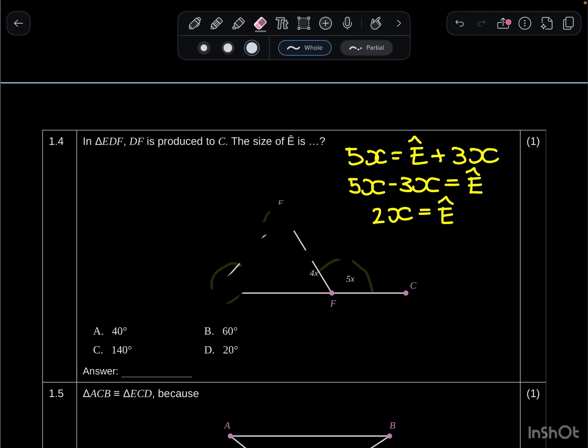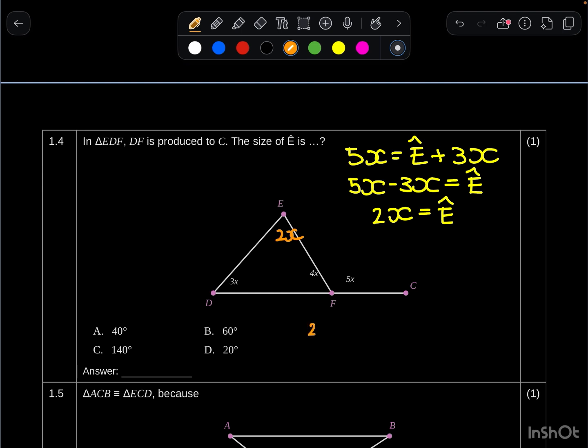So we can fill this in. In this triangle we've got 2x, 3x, and 4x. So we're going to add those all up. In the triangle, 2x plus 3x plus 4x has to add up to 180 degrees because angles in a triangle always add up to 180.